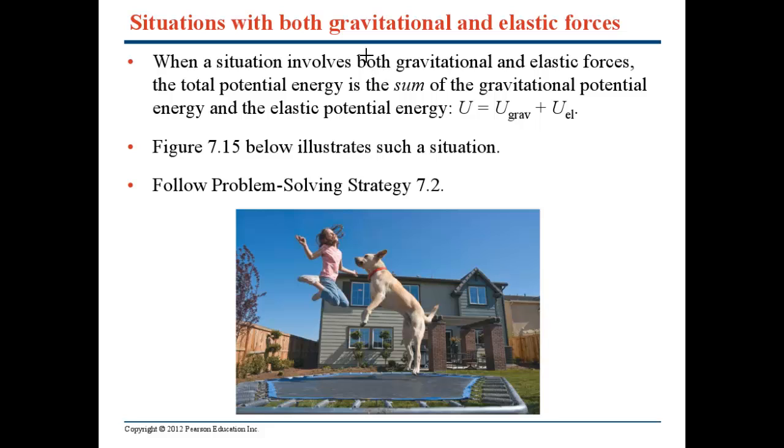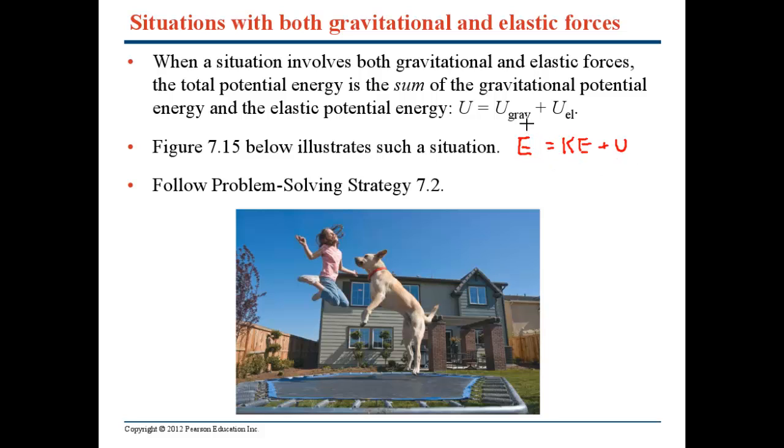If we have situations where there's both gravitational and elastic forces, it turns out that we can write the total potential energy of the system, this big capital U, to be equal to the sum of the gravitational plus the elastic potential energies. And I can actually expand on the topic I was talking about earlier, where I said if gravity is the only force acting on a system, we can write the energy to be equal to the kinetic energy plus the potential energy, and that must always be a constant regardless of where you are in a situation.